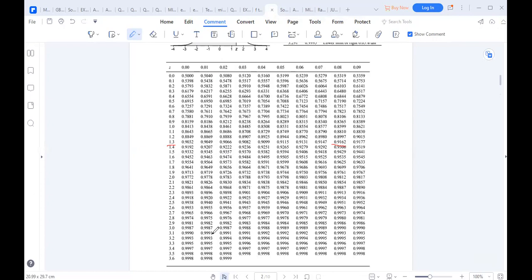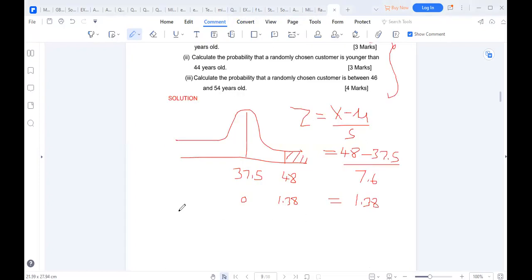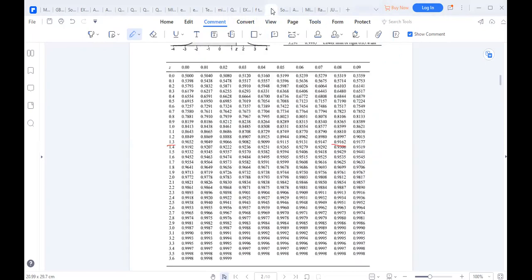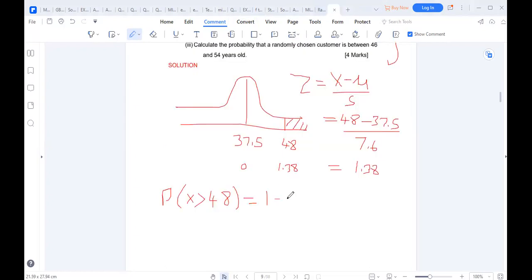So we're going to subtract from 1, because it is a small shading. So to find the probability of X greater than 48, we subtract from 1, because it's a small shading. 0.9162. What do we get? 0.0838.